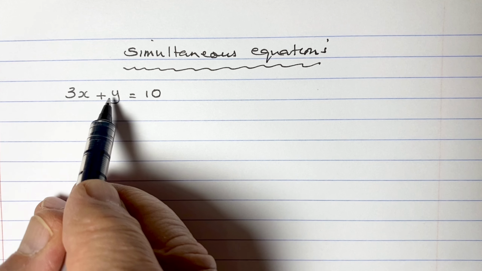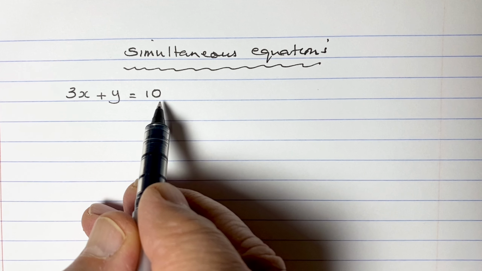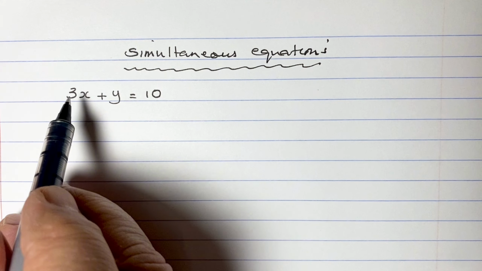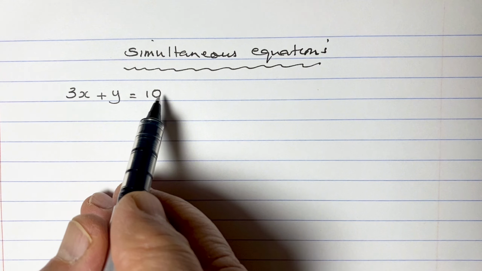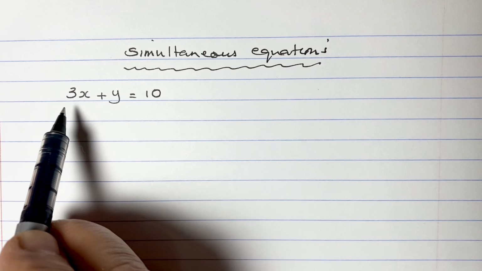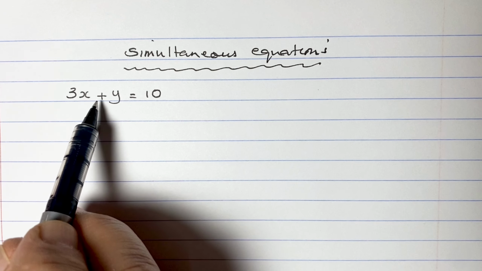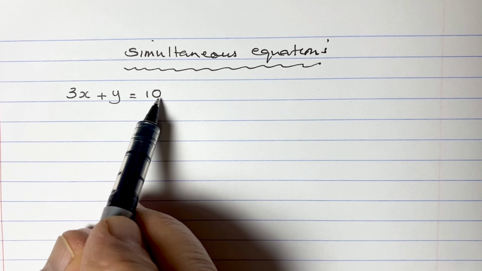and you cannot tell me the value of x and y with just one equation. You need another equation, an independent equation, which is not made from multiples of this one. For example, I can't give you 6x plus 2y equals 20. That would be a multiple of this one.